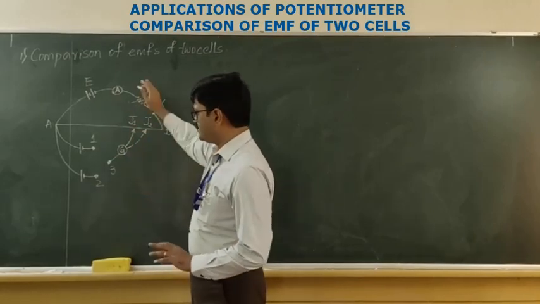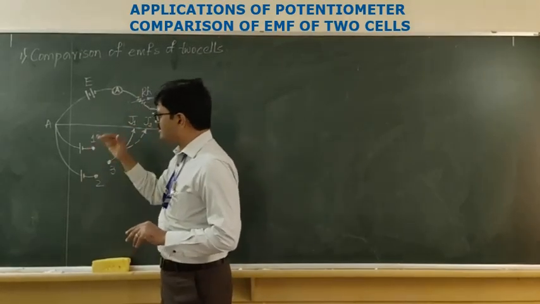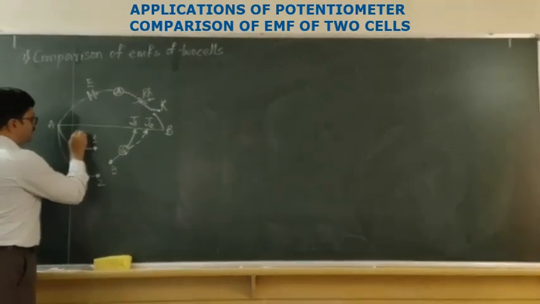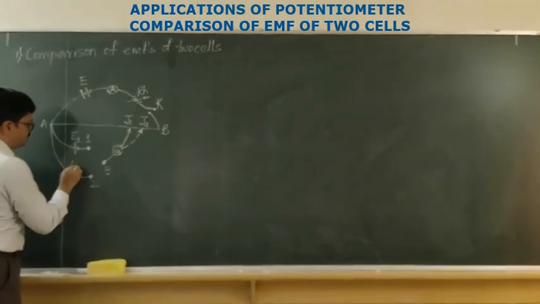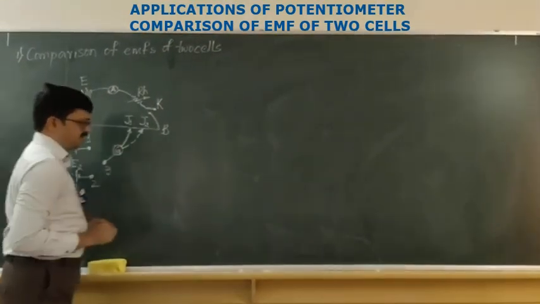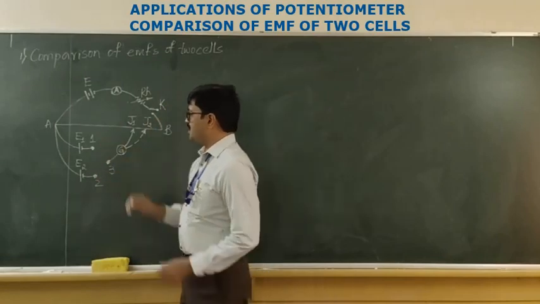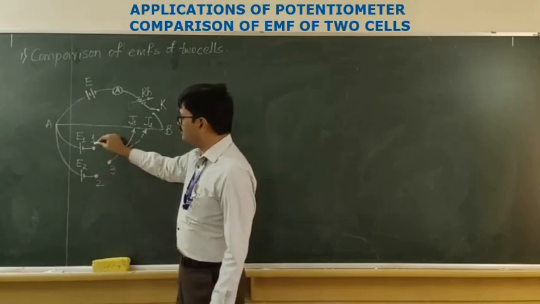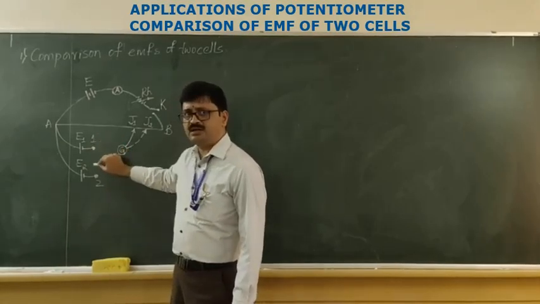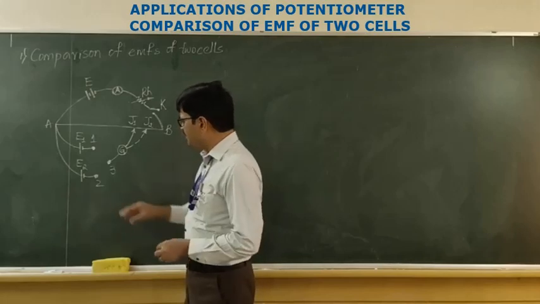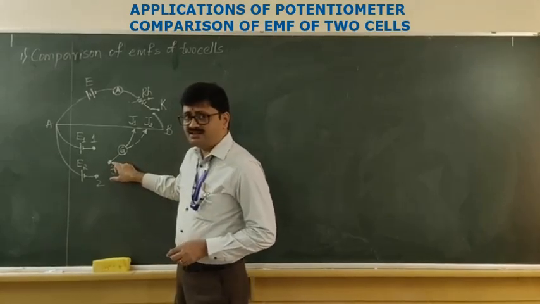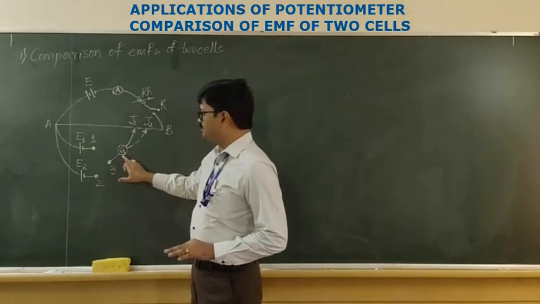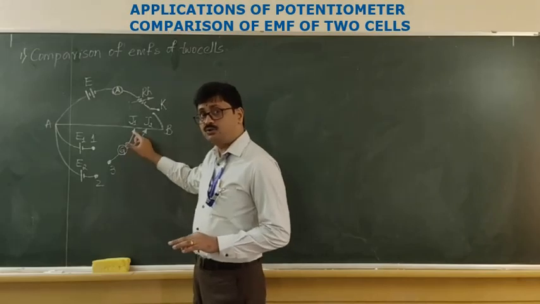This is the auxiliary circuit that we have, and in the secondary circuit we will be considering 2 cells. Say first cell of EMF E1, second cell of EMF E2, and these 2 cells are connected to 2 connectors, named 1 and 2. Connector 1 and connector 2, and then connector 3 is the common connector that is connected through the galvanometer to the jockey.